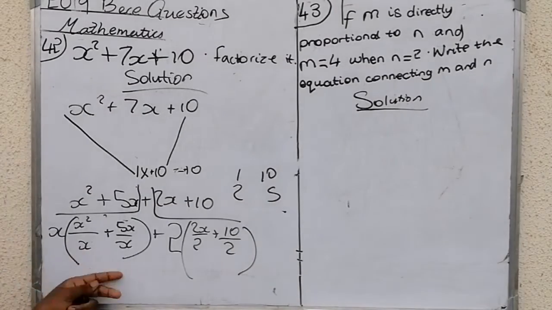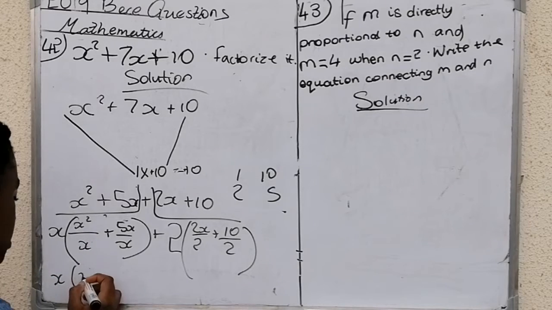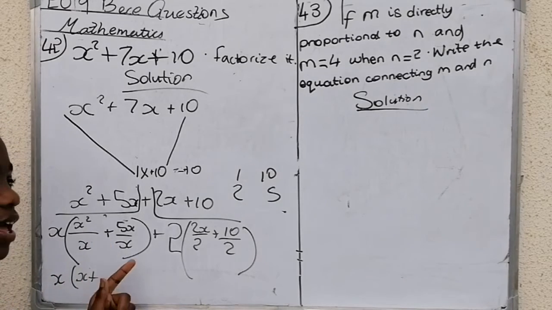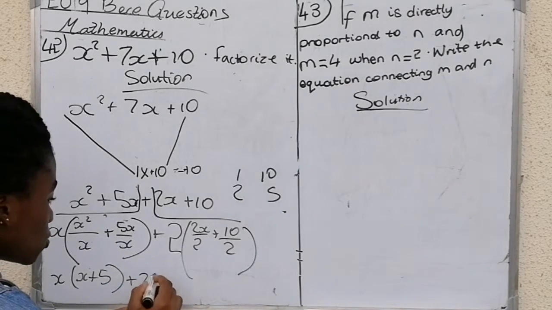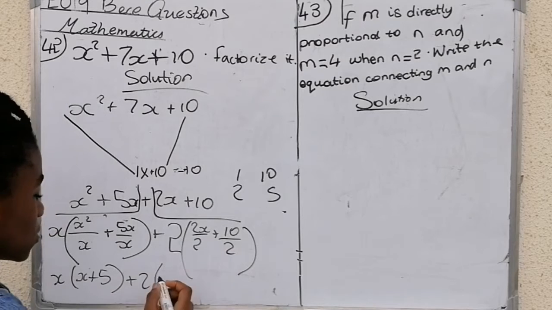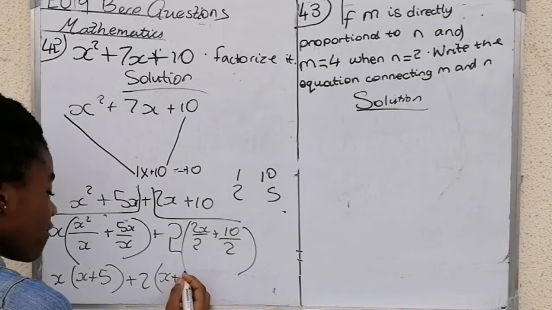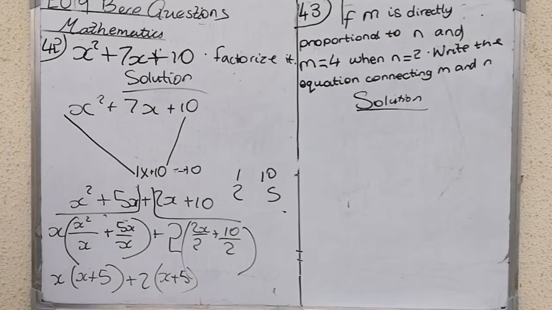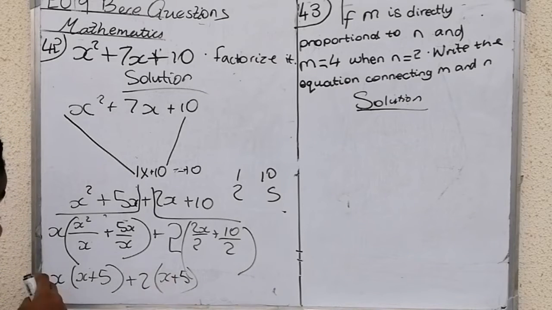Now x squared divided by x is x, plus 5x divided by x is 5, plus 2 into 2x divided by 2 is x, plus 10 divided by 2 is 5. We know we're on the right track because there is x plus 5 in this whole expression.